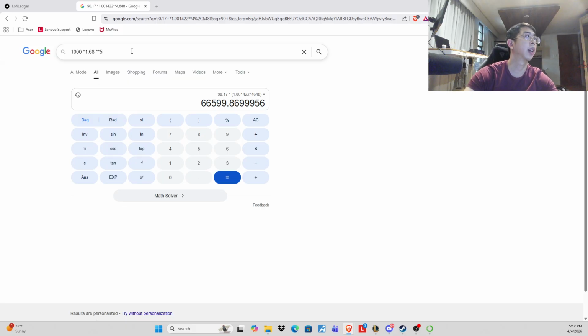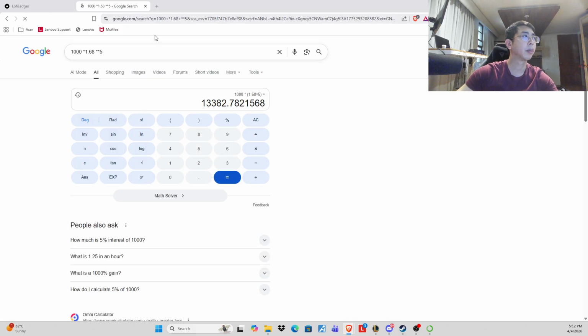But if you project 5 years into the future at that expected geometric mean, you can expect to make $13,000 in 5 years if you invest $1,000 in Bitcoin. Well, at least at the current rate that it's doing. That's almost a 10x. That's actually crazy.